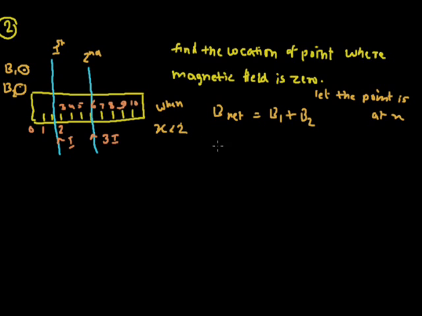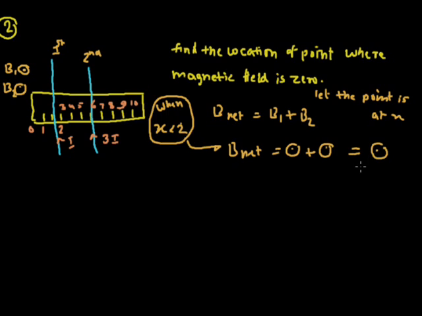When x is less than 2, then B total is outward due to B1 and B2, so overall outward, so it will not be 0 anywhere. Means the point will not be before 2.